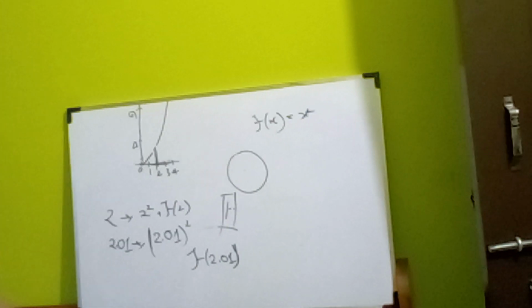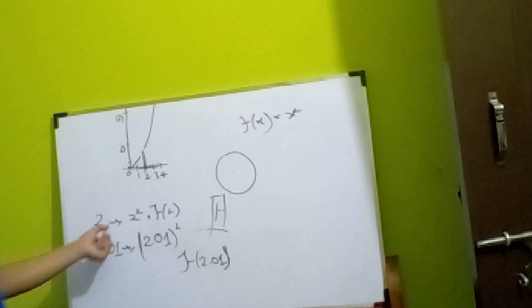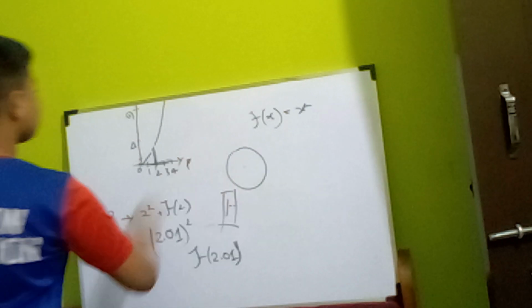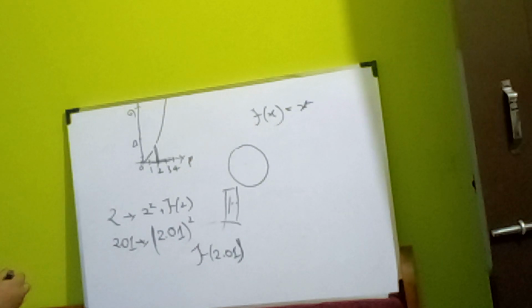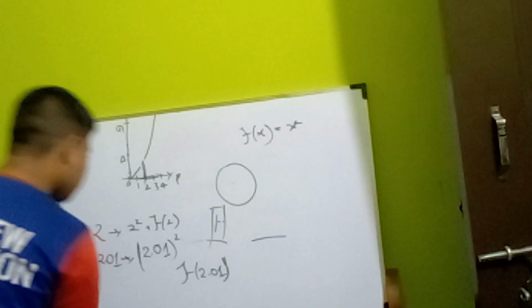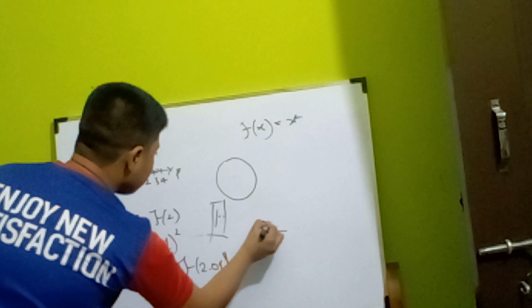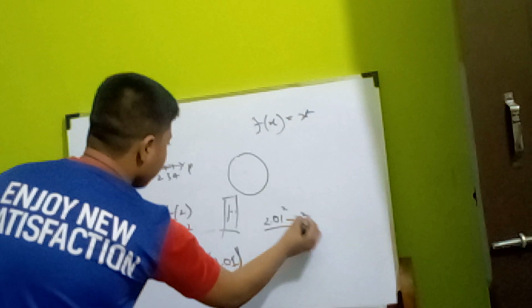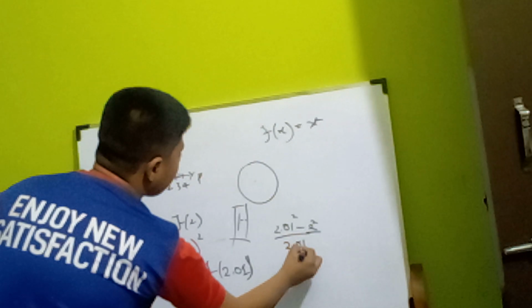And notice, the smaller the change in 2, or the smaller the change in x, the straighter the line gets. This is it. So we can write 2.01 squared minus 2 squared, divided by 2.01 minus 2.